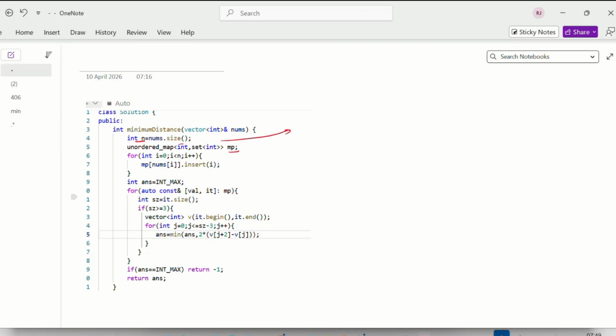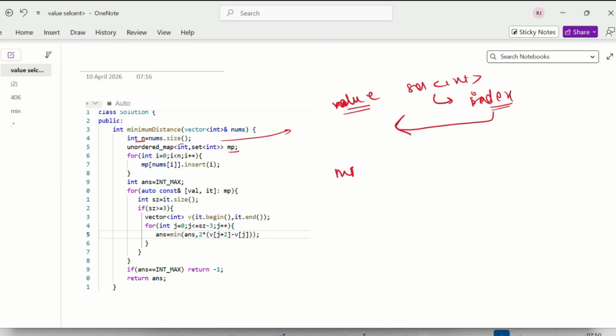This int will store the value, and this set of int will store the set of indices whose value at that index is equal to this value. So we will traverse through this loop and use mp[nums[i]].insert(i). We will insert this index i in this nums[i] value in the map.